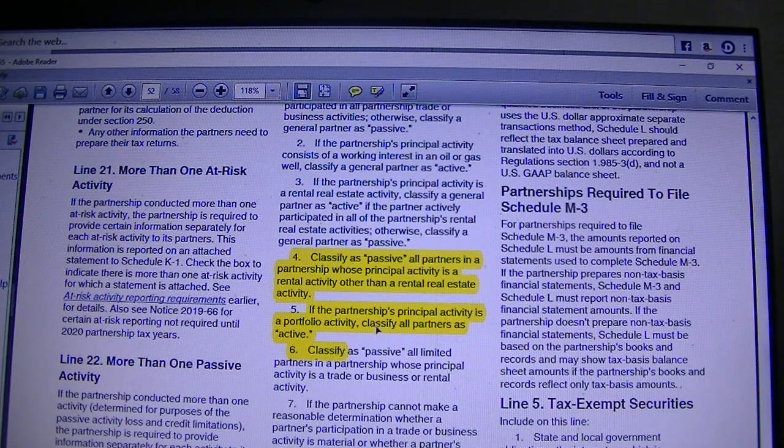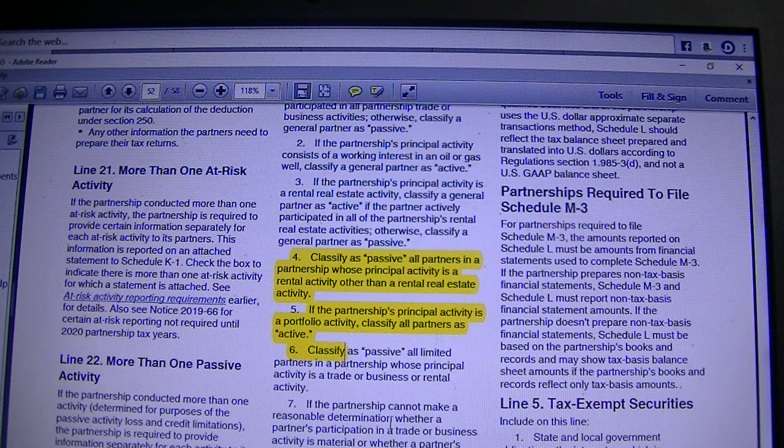Classify as passive all limited partners in a partnership whose principal activity is a trade or business or rental activity. Sometimes you can find those things very confusing. So for limited partners, classify everybody as passive.